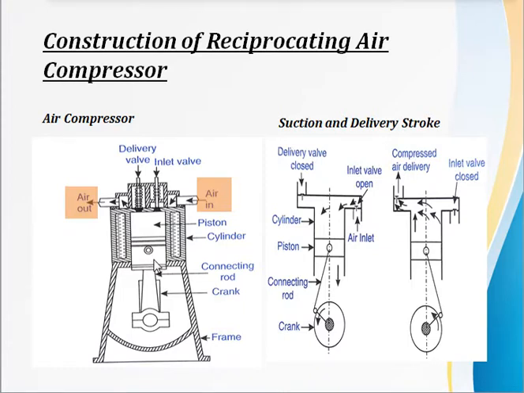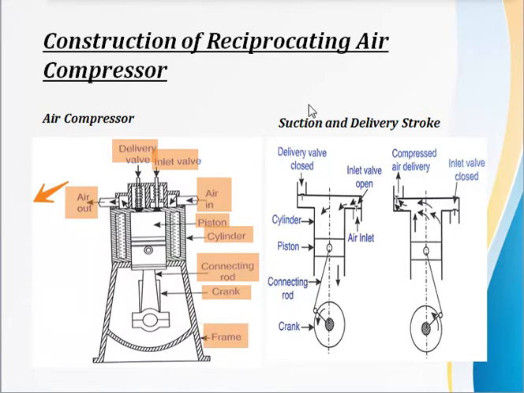Again when the piston moves from the bottom dead center to top dead center, the air is compressed and the delivery valve opens. When the delivery valve opens, the air comes out from here, the pressurized air. So what are the components? The components are inlet valve, piston, cylinder, connecting rod, crank, and the frame.